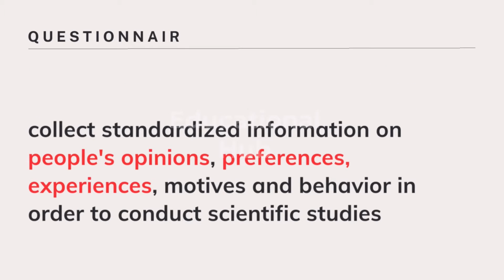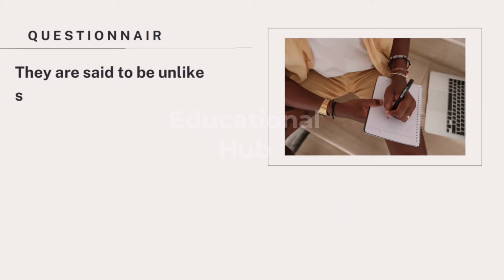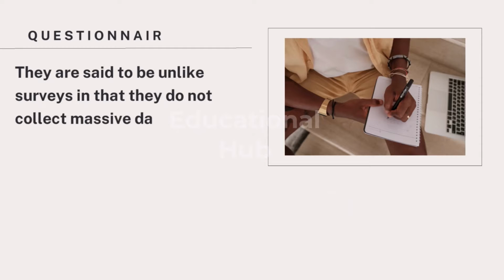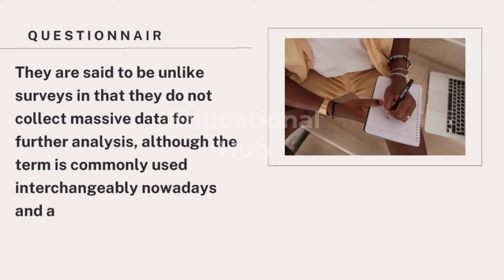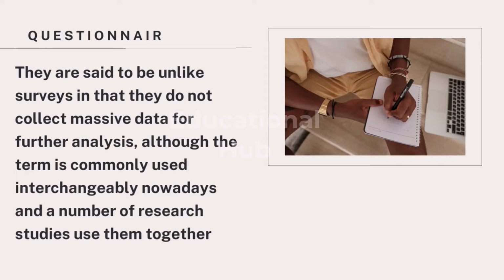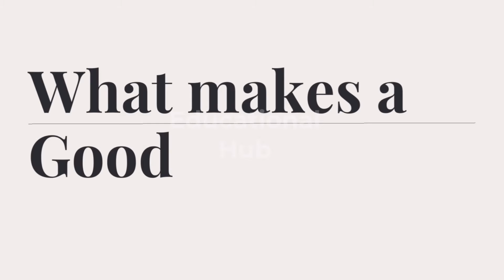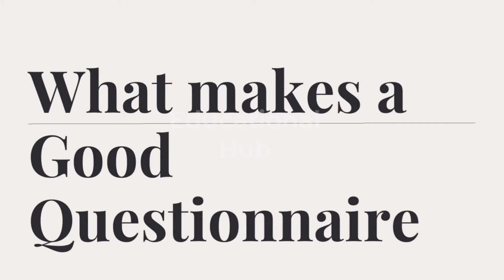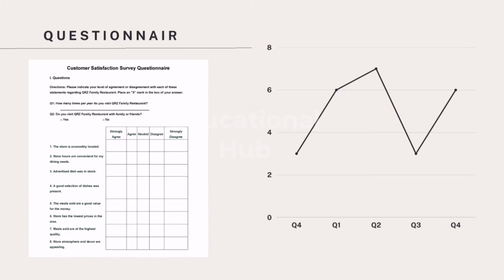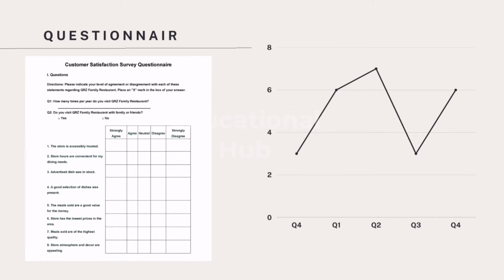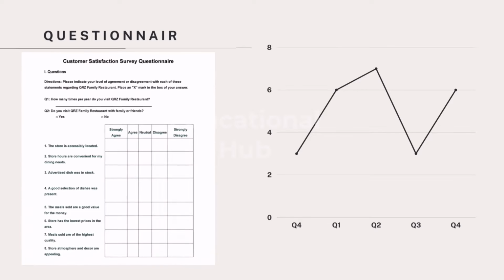They are said to be unlike surveys in that they do not collect massive data for further analysis, although the term is commonly used interchangeably nowadays and a number of research studies use them together. In general, survey questionnaires are very structured and allow similar types of information to be gathered from a lot of respondents at the same time while being able to analyze these data in quantitative terms.